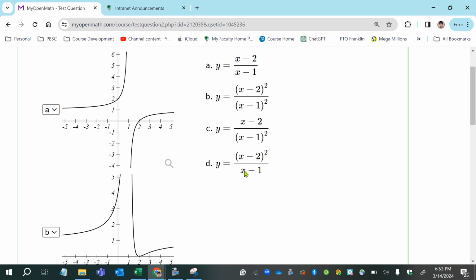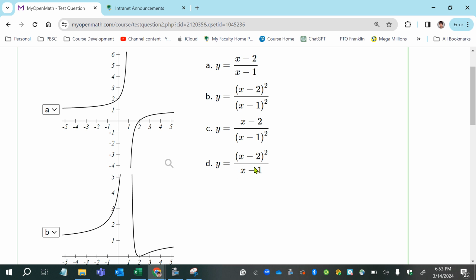So with a top-heavy rational function where the degree of the top is exactly 1 greater than the degree of the bottom, there is no horizontal asymptote actually. Instead, there is a slant asymptote, also known as an oblique asymptote. We would find that by doing the division and disregarding the remainder.